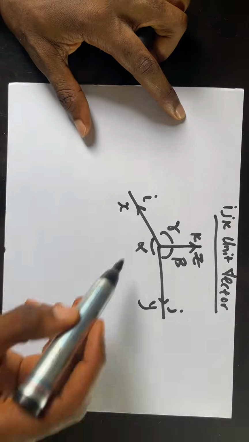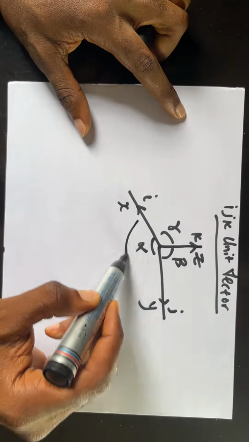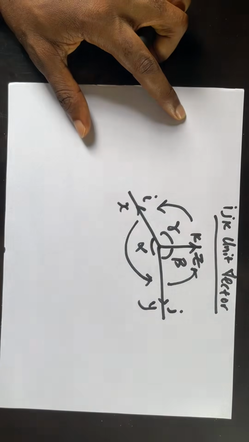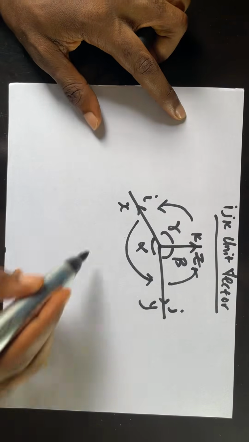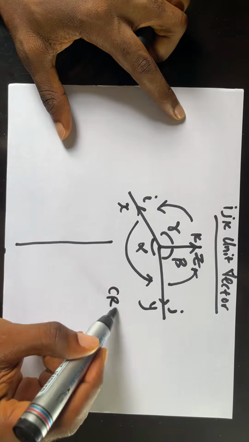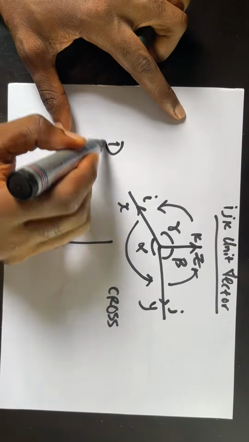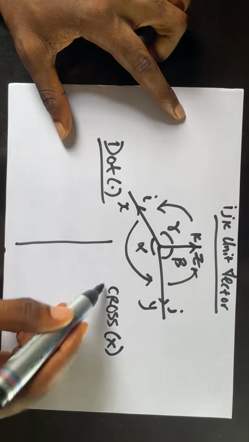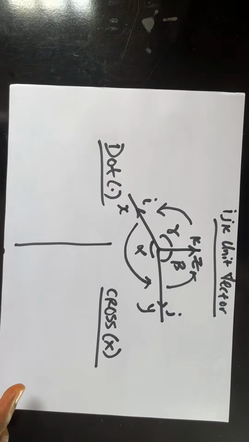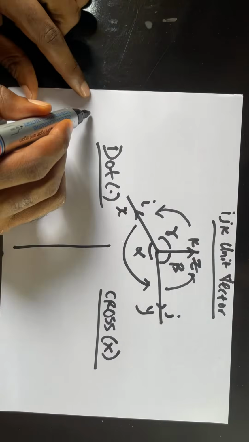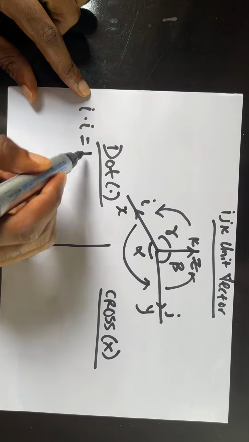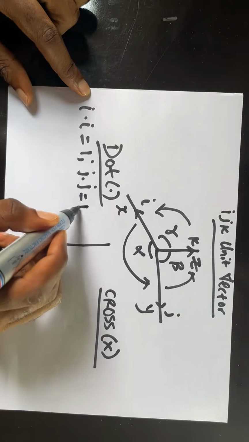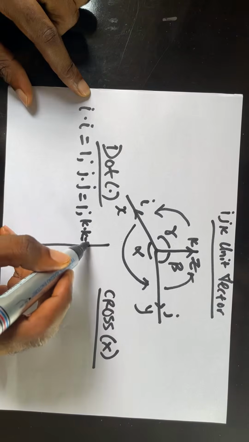One of the rules you should know is that anti-clockwise is always positive when you are doing the cross or the dot product. So we did some rules for both cross and dot products. For the dot product, I dot I is equal to 1, J dot J is equal to 1, K dot K is equal to 1.